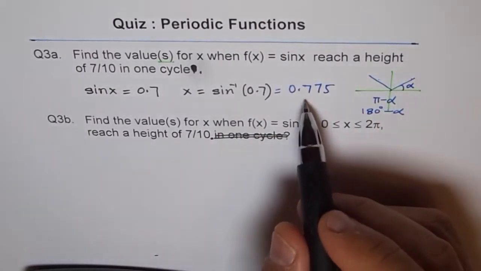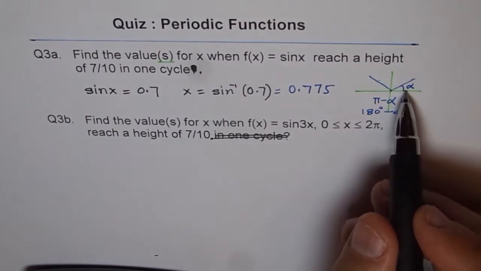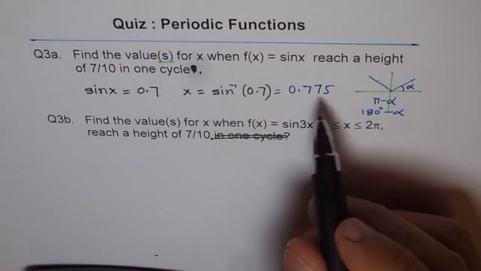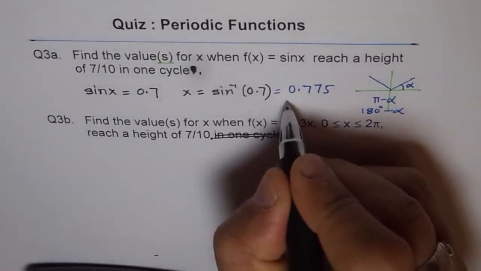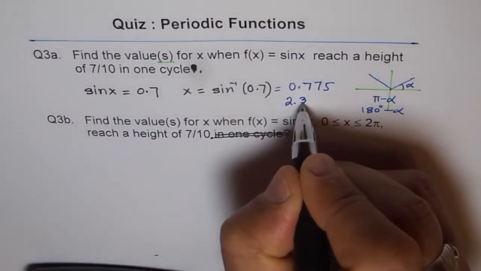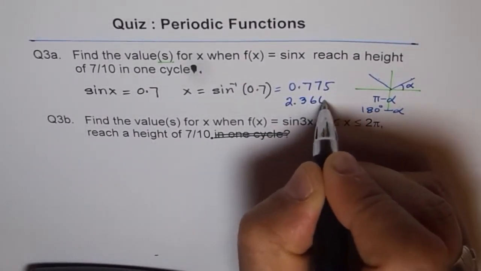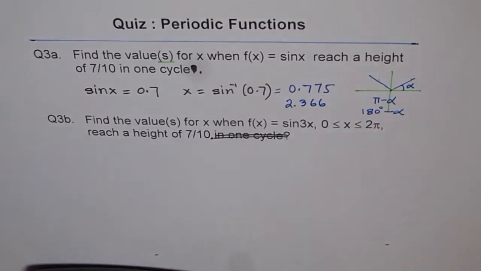So this is the angle alpha. The other solution will be pi minus this, so the other answer is 2.366. So these are the two answers for this question, right?